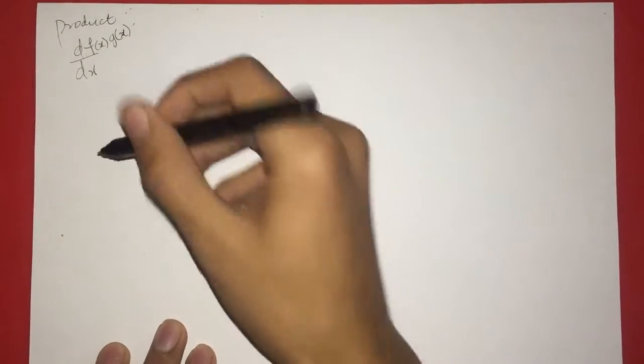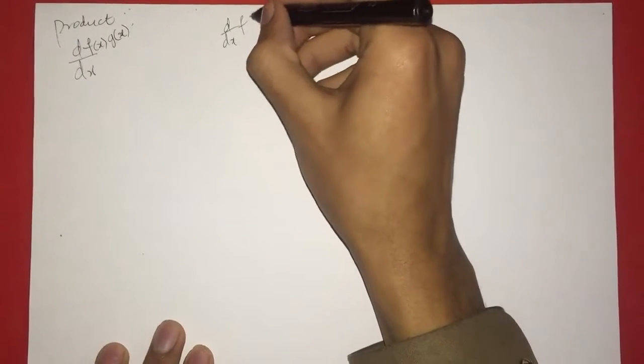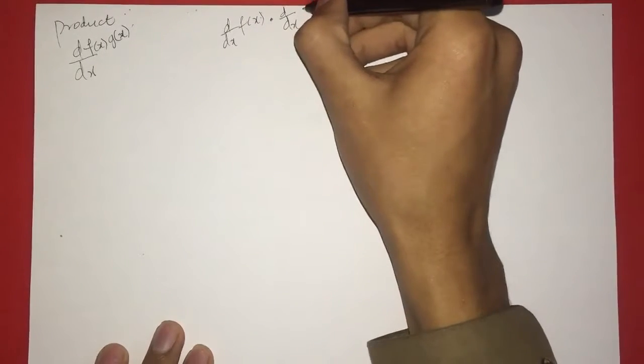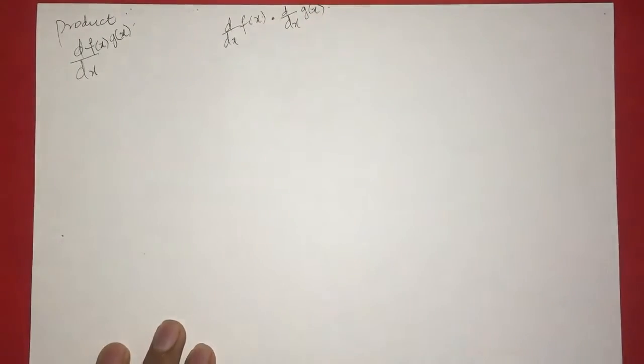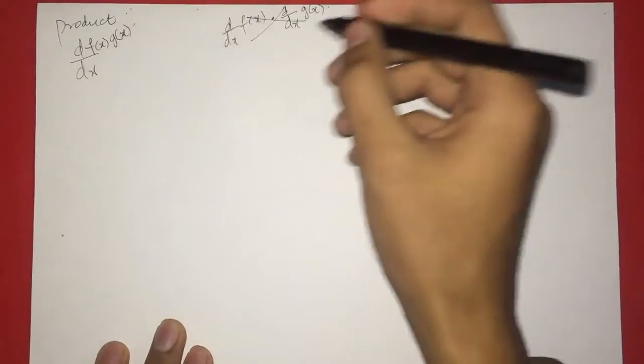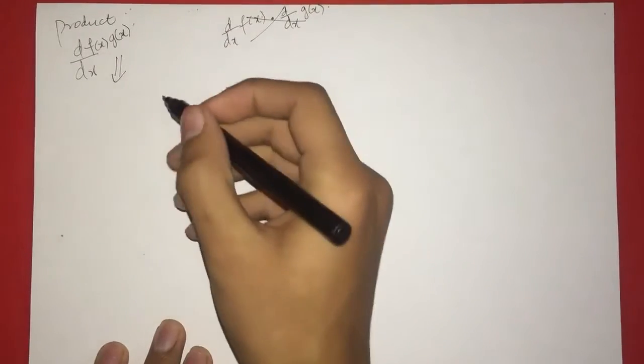Up till now you'll say that this is going to be equal to the derivative of f of x into the derivative of g of x, but you will be wrong, because this is wrong.